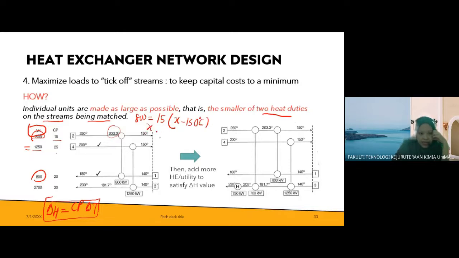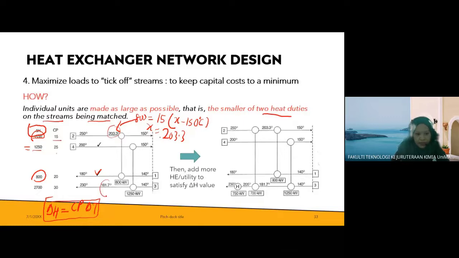So you get, can you calculate this? You get 800 divided by 15 plus 150. So you get 203.3. That's how you get the value of the temperature here. And then, okay, this one, no need to calculate.